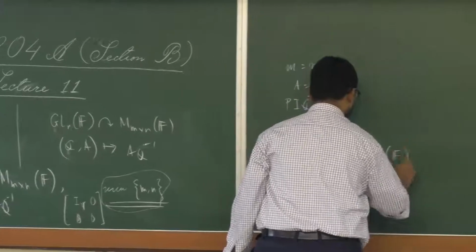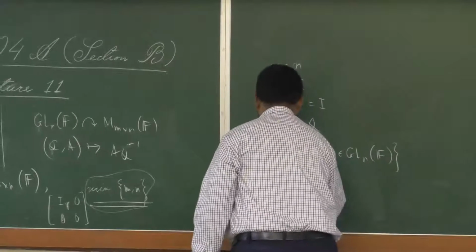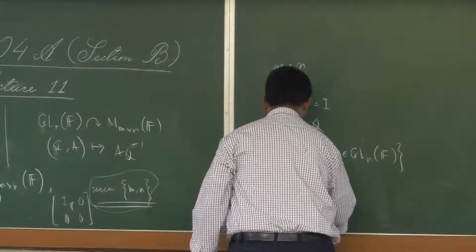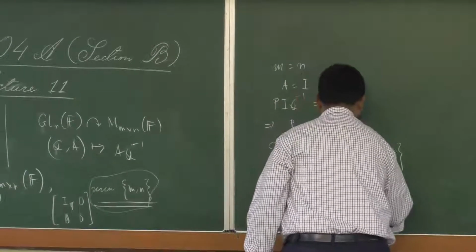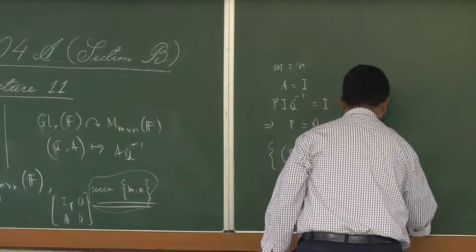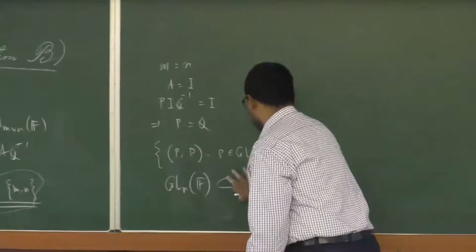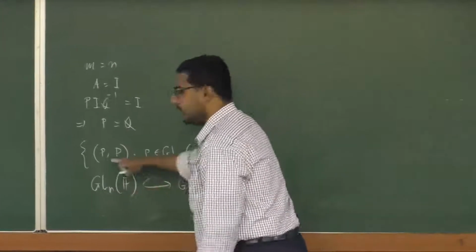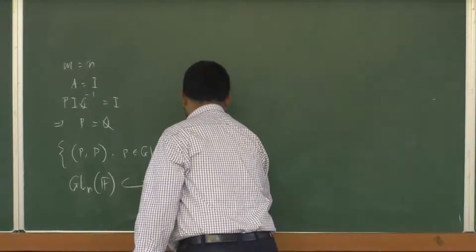Basically we are considering the diagonal embedding of GL_n(F) inside GL_n(F) plus GL_n(F). Diagonal embedding means each P is embedded as (P, P). Okay.